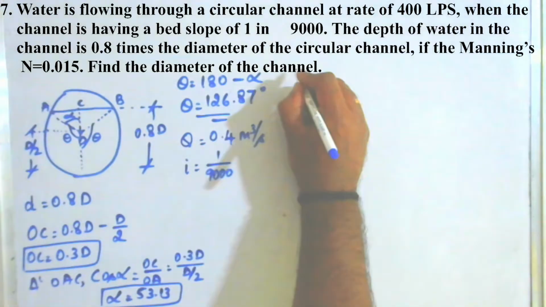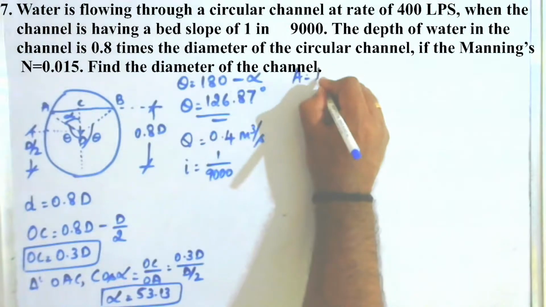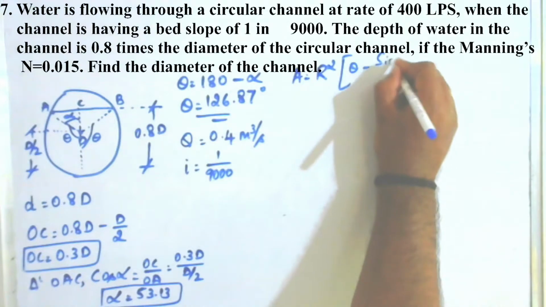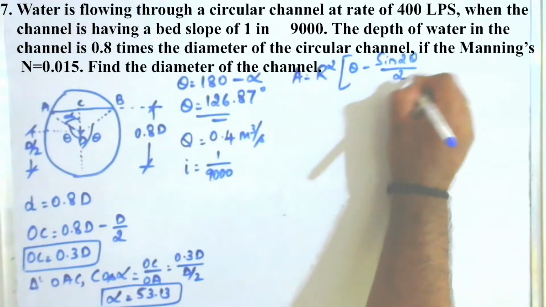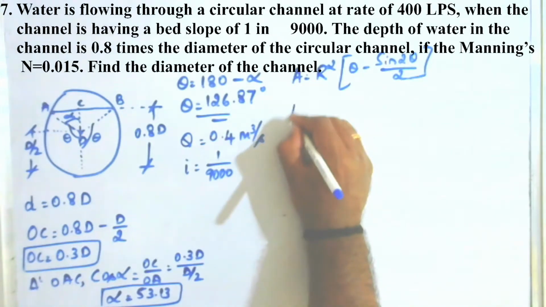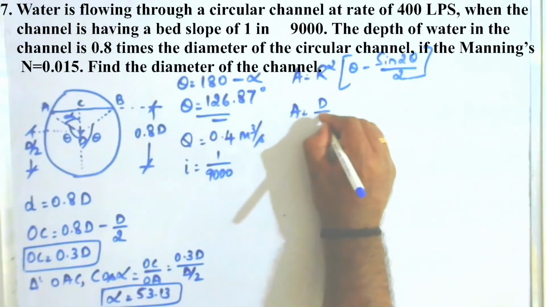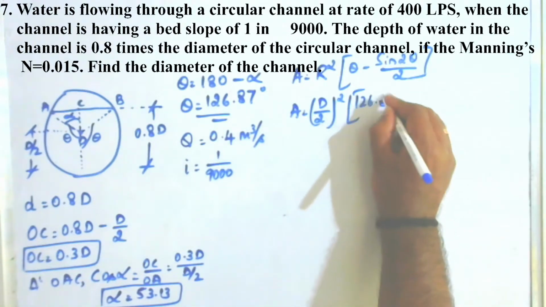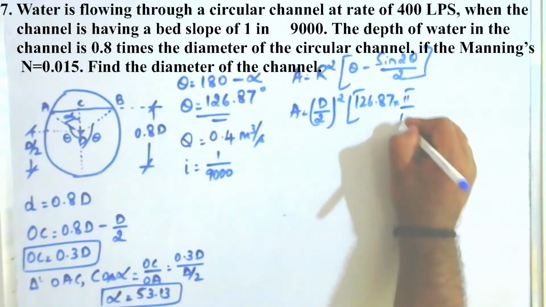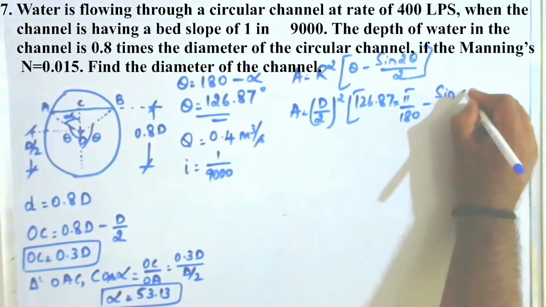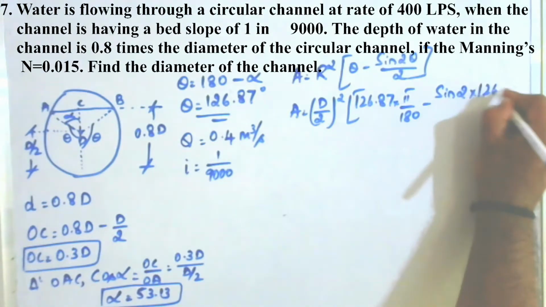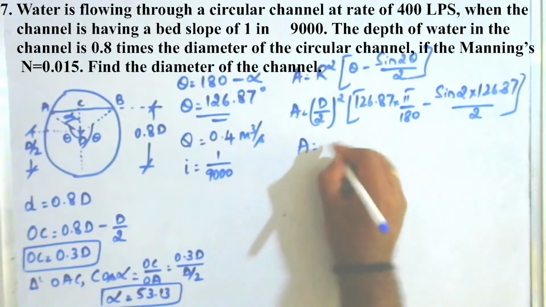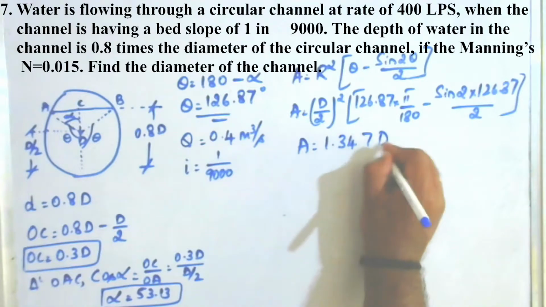So let me start with the area. Area A is equal to r square into theta minus sine 2 theta divided by 2. Therefore the area works out to be, with radius D by 2 whole square, into 126.87 times pi by 180 minus sine of 2 times 126.87, divided by 2. If you simplify, the area works out to be 1.347 D square.